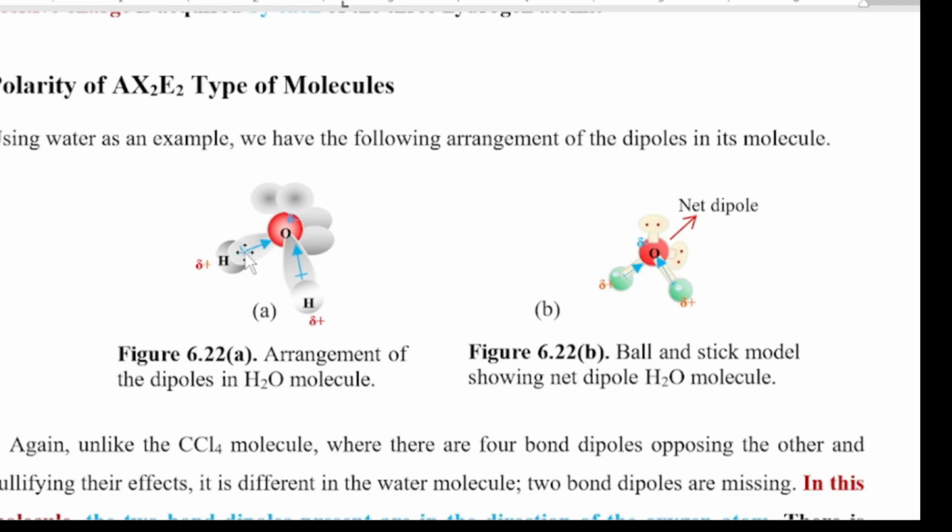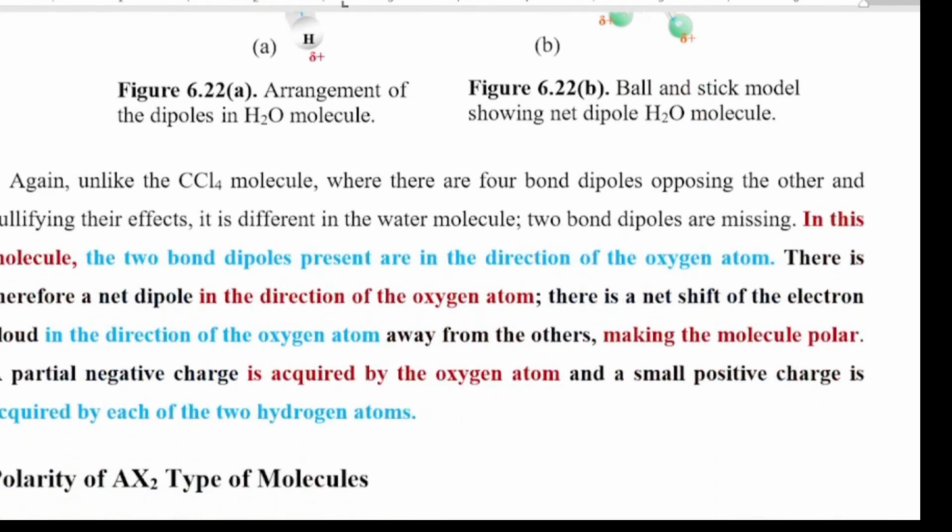And of course, if we use forces here, there's a pushing force there, there's a pushing force there, there's a net dipole in that direction here, and it is shown inside this ball and stick model here. So water molecule will be a polar molecule with the hydrogen ends being slightly positively charged, and this one here will have a slight negative charge here. Okay? All right, that is an AX2E2 type of molecule.